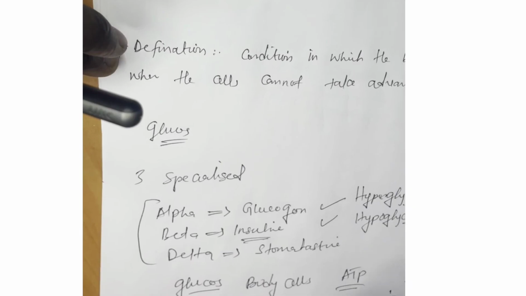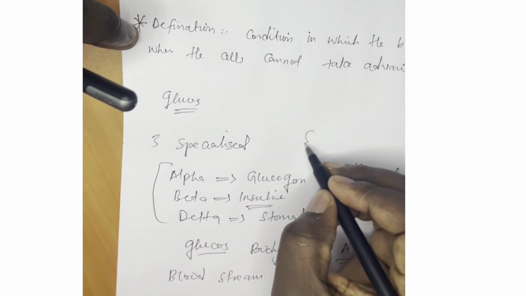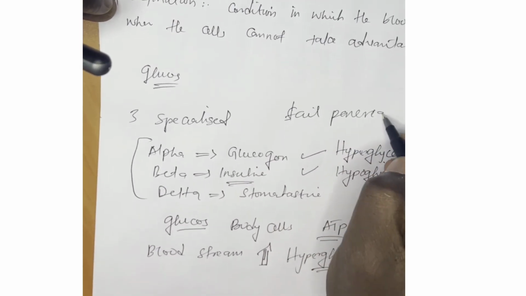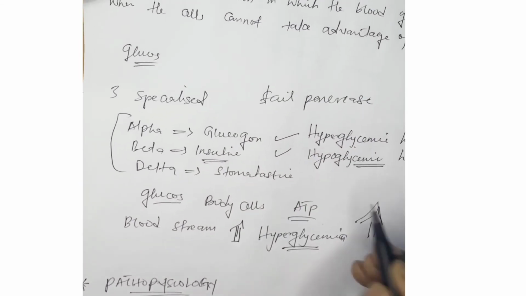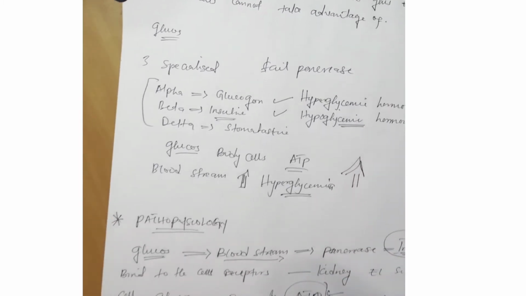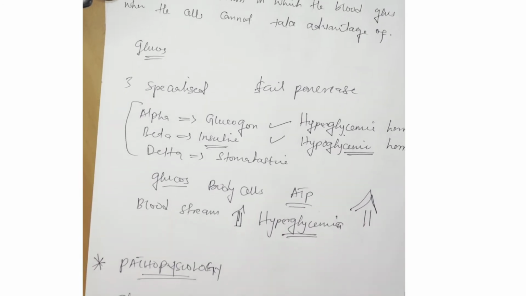And then it is the specialized cells, 3 specialized cells, which are situated in the tail of the pancreas, that produce insulin. Insulin is a hypoglycemic hormone, which helps to decrease the level of blood sugar in the body.